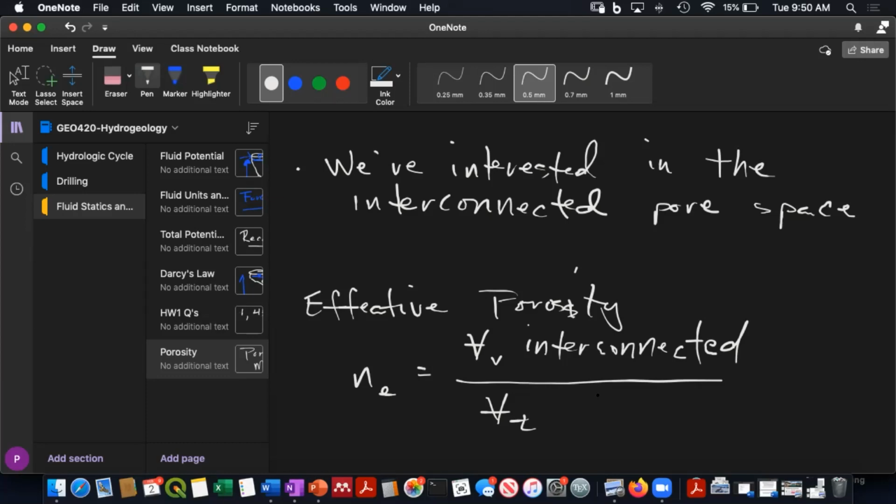It is the pores that are available for fluid to move. So most of the time, we're going to use these as synonyms. In all honesty, 99.9% of the time when we talk about porosity as hydrogeologists, what we mean is effective porosity, the interconnected pore space.